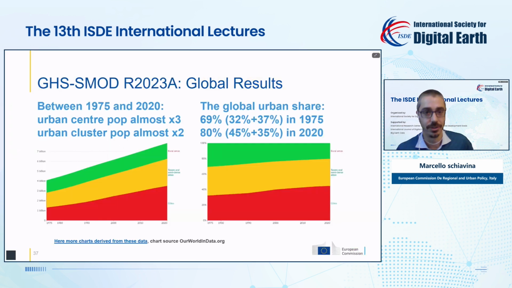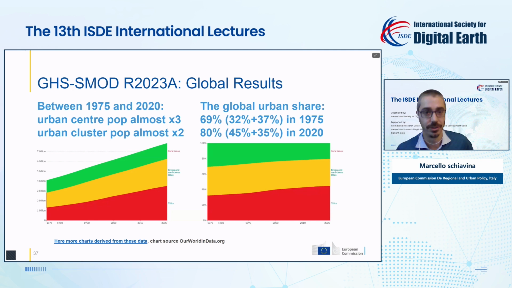So to conclude, I can just show you a few global results derived from our GHS-SMOD and the GHS-POP layer, with the dynamic of the number of people per Degurba class at level 1 from 1975 to 2020. Here we can see how the urban center population almost tripled in 45 years, urban cluster population almost doubled, actually as the total population of the world, while rural population remained constant.